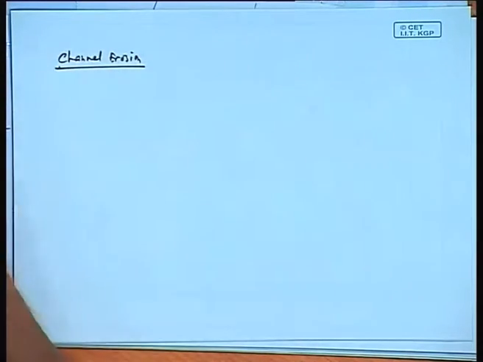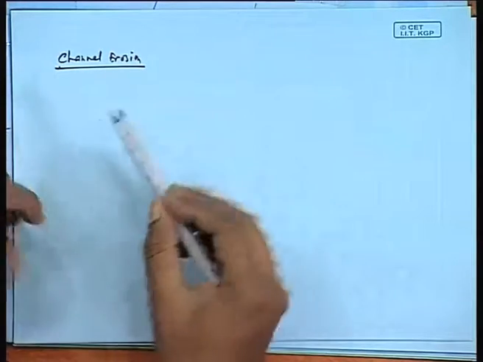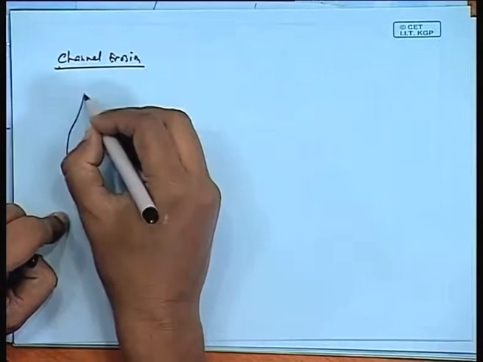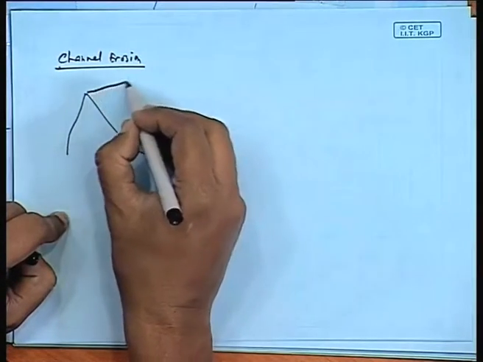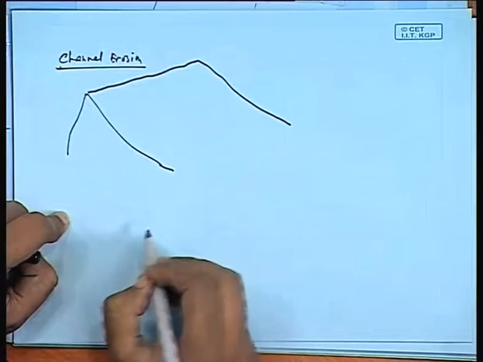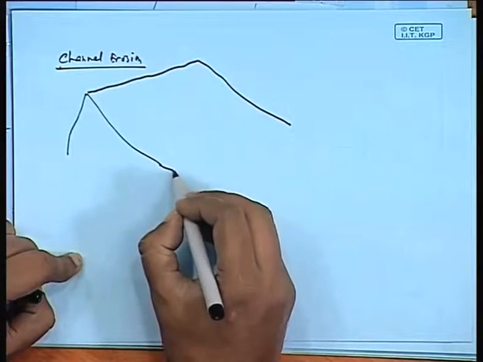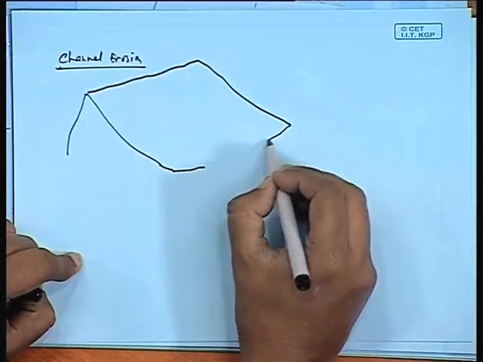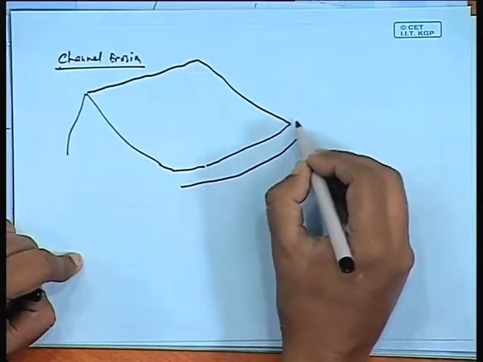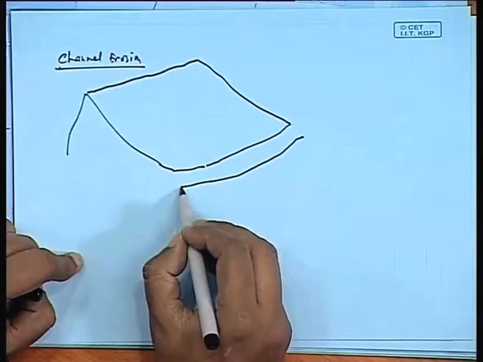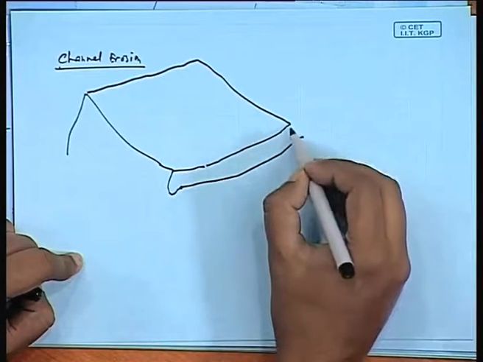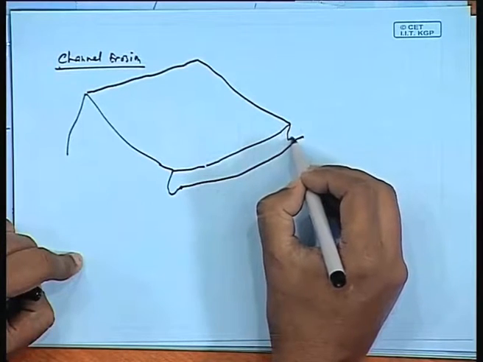For channel erosion, observe a surface of soil like this. Say this is a natural drain going out like this.